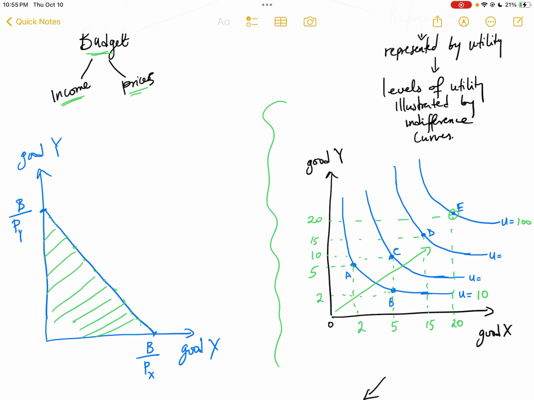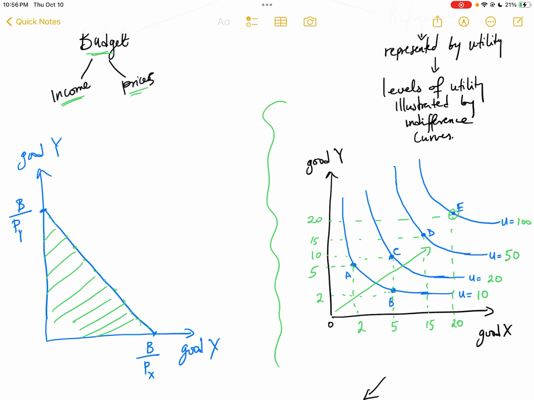So on the second indifference curve, you're probably at 20 units of satisfaction, 50 on the third, and then 100 on the last one. So as the consumer, you prefer E to D, you prefer D to C, you prefer C to A, you prefer C to B, but you are indifferent between A and B.